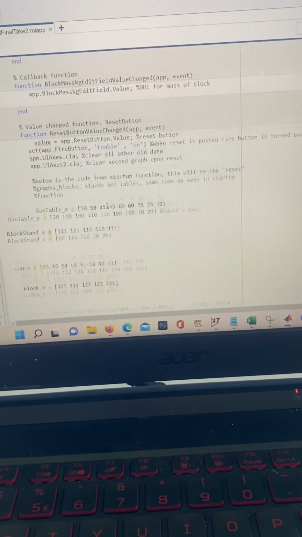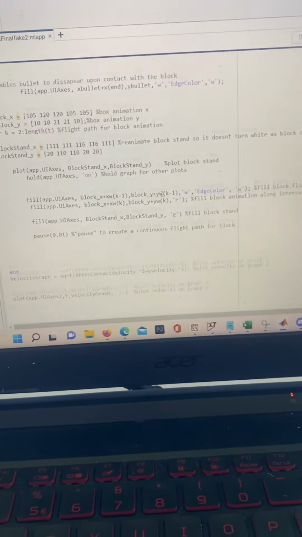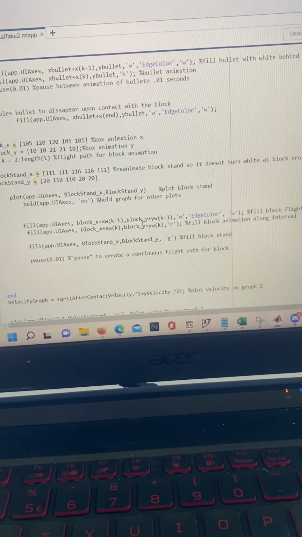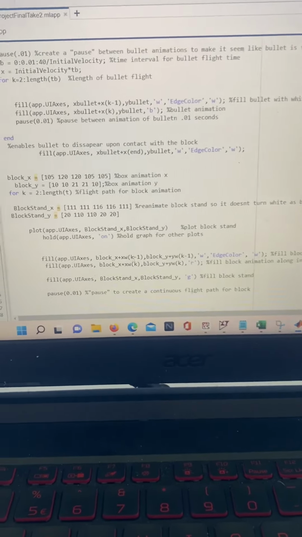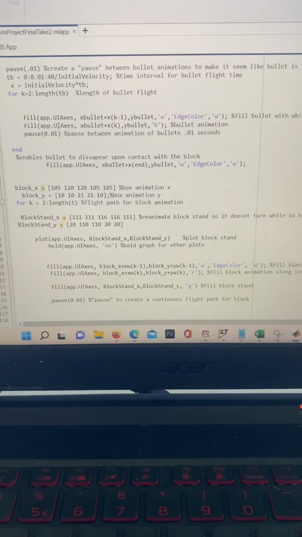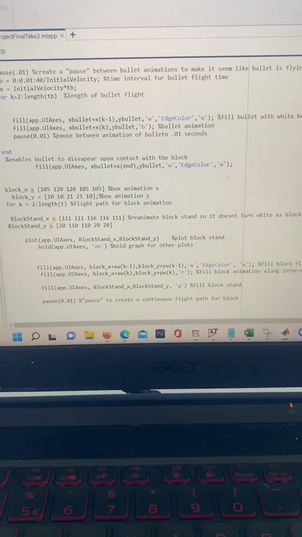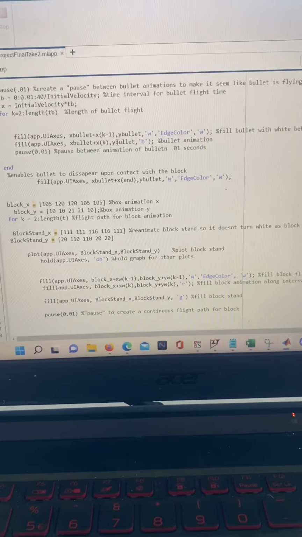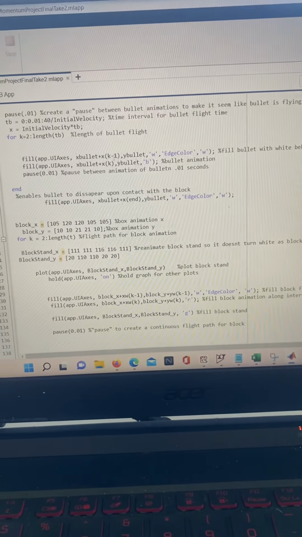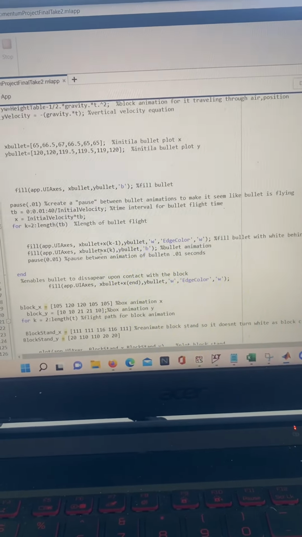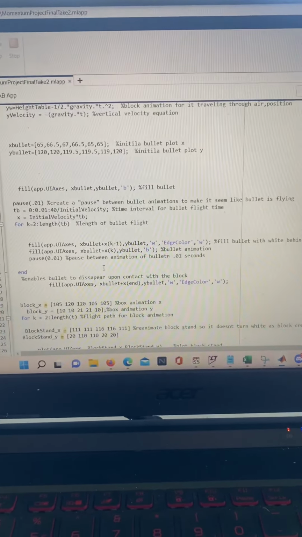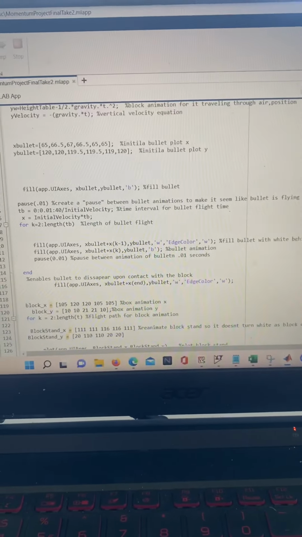That's how we got the animation. The actual animation where the bullet is flying through the air is right here. Oh, actually right here, sorry about that. That's the block, right here. We had to use this little algorithm to make the bullet fly across the screen.